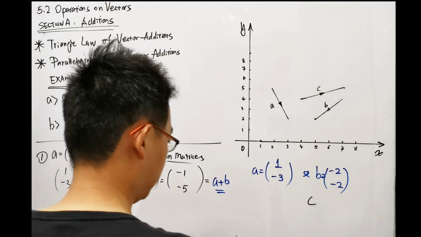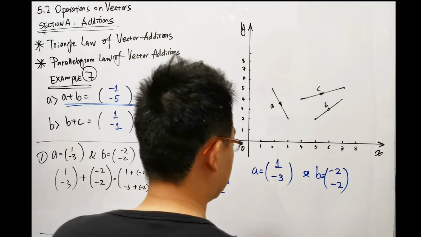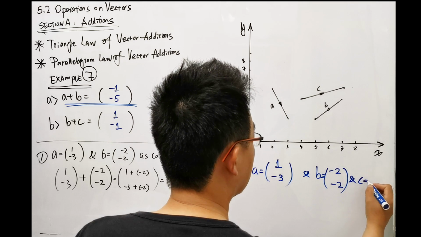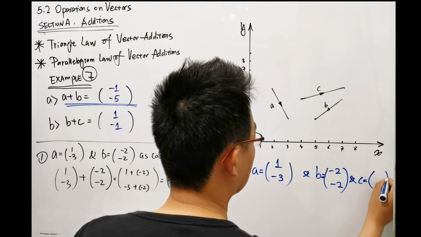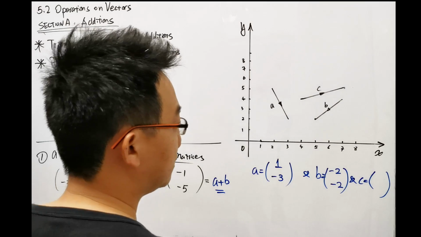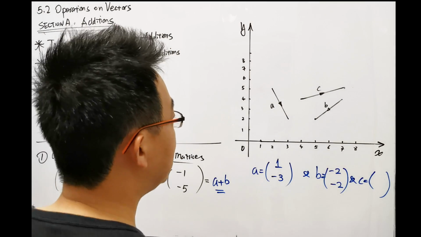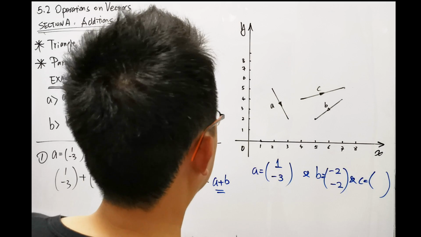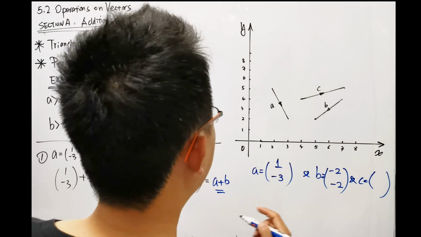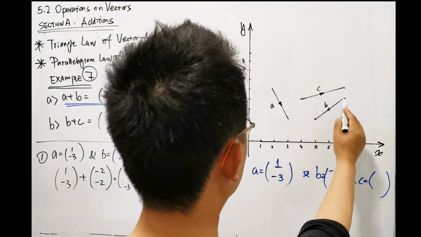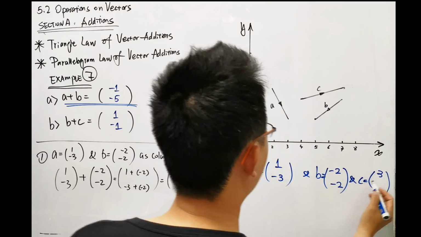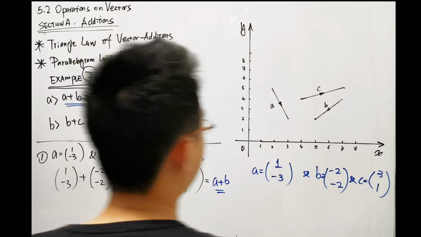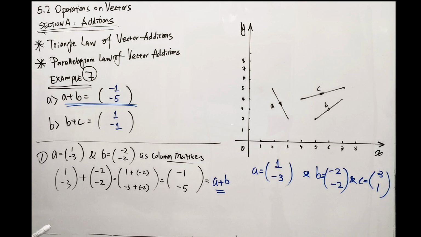C is going upwards, so basically it's 3 units to the right, 1, 2, 3, and 1 unit going up.